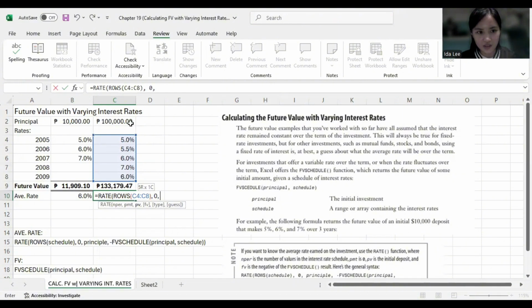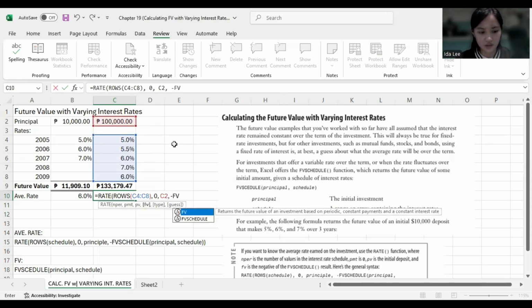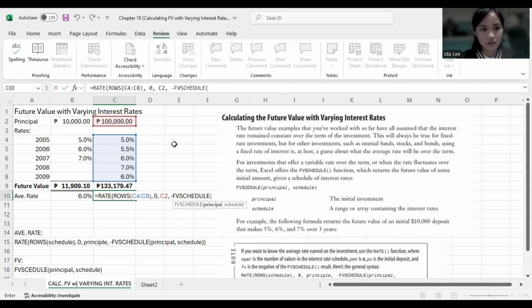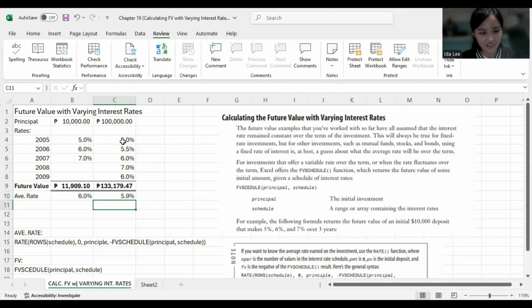Your PV should be your 100,000. Your future value schedule, the principal again, and your schedule over the 5 years. And close parenthesis. Please work. Okay. So that is your average rate for over 5 years.